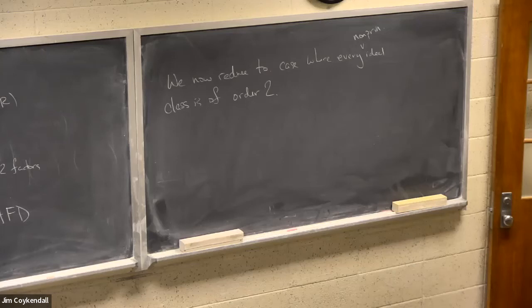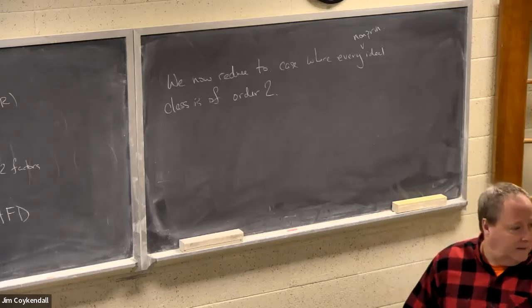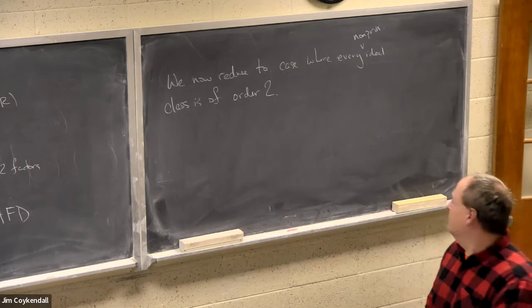Let me point out that so far in the proof of the other direction, the only thing that came up was the fact that every ideal class had a finite order. All I needed was that there is an ideal class of order n bigger than 2, and then the inverse of the class has to have the same order, and the product of those two is principal. That's all I needed. The only thing I need is that there exists an ideal class of finite order.